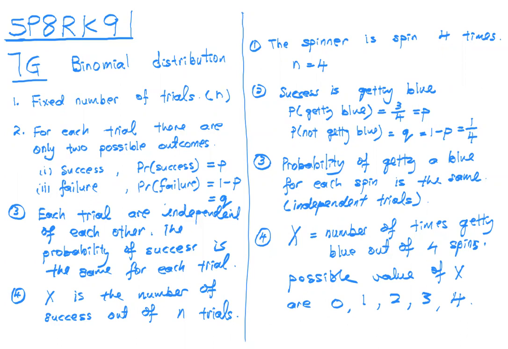Some of you can straight away tell me it is 0, 1, 2, 3, 4. Can you explain? Because you spin 4 times. So every experiment you try, you spin 4 times. So out of the 4 times, maybe all the 4 times you don't get a blue, so that's why you're getting 0 blue. Because X is the number of times getting blue out of 4 spins. So can X be more than 4? No, because you only spin 4 times.